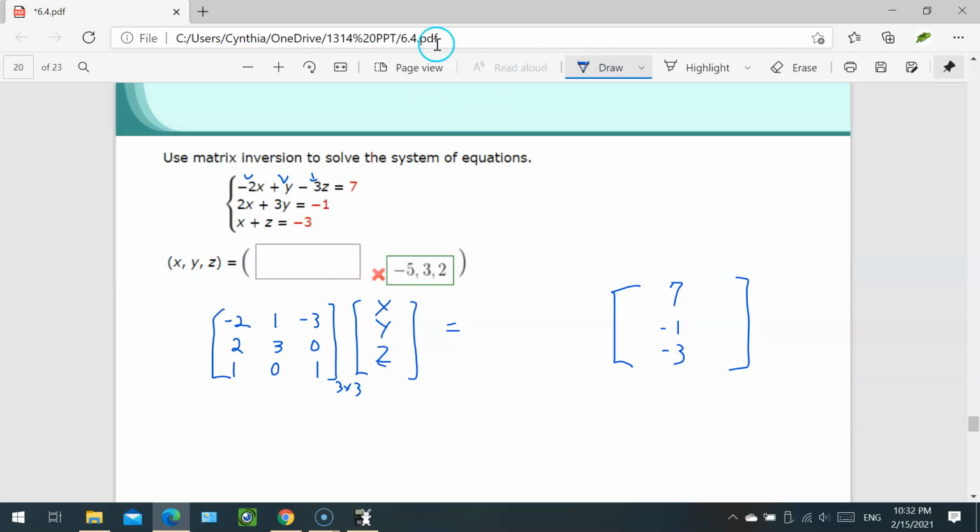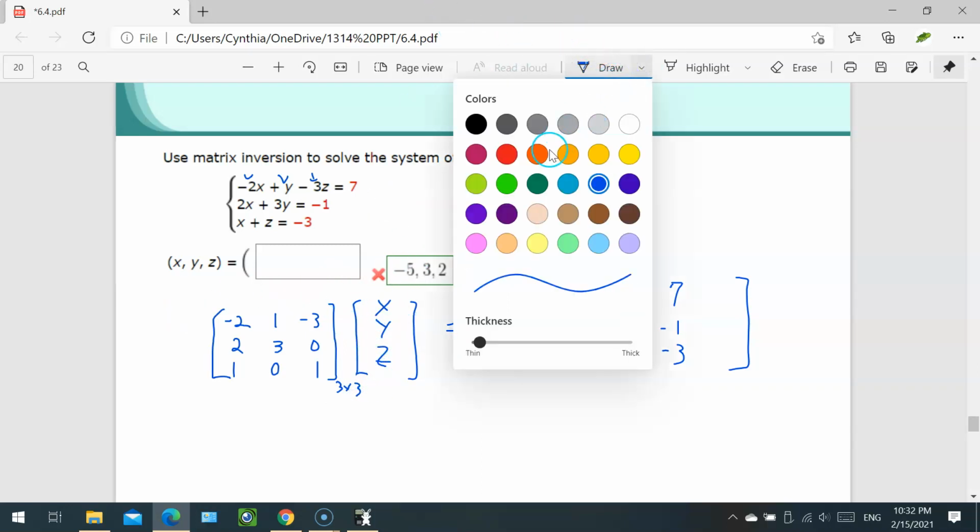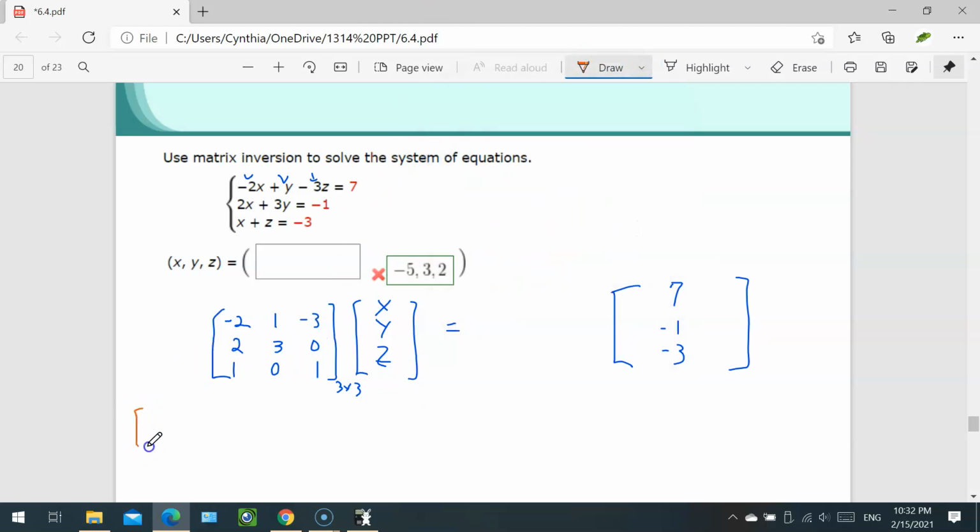Now in order to solve for X, Y, Z, we need to get the inverse of this matrix A, right? So we need to multiply by the inverse of this matrix, and then multiply with this -2, 1, -3, 2, 3, 0, 1, 0, 1. And this is the same thing.